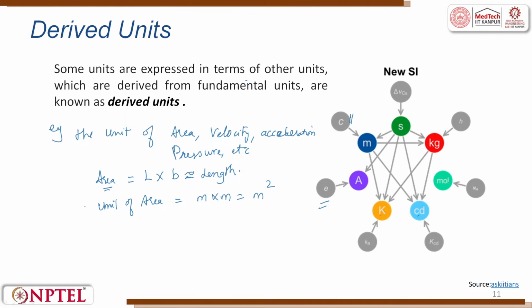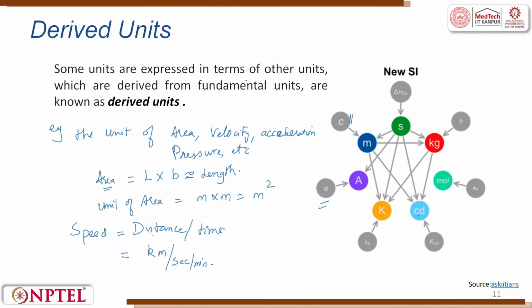So, let us take one more, speed. Speed is nothing but distance by time. You can express this distance in kilometers, meters, with respect to second or minute or whatever it is, right.